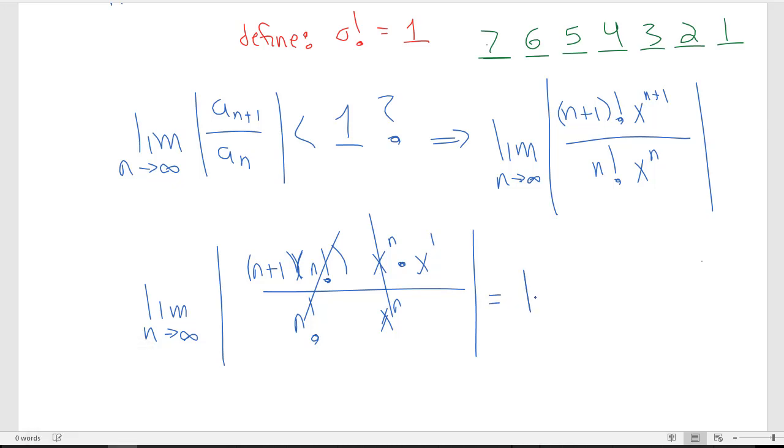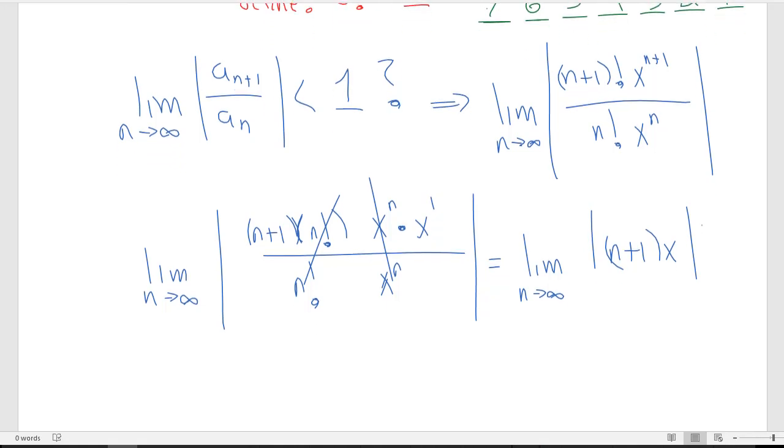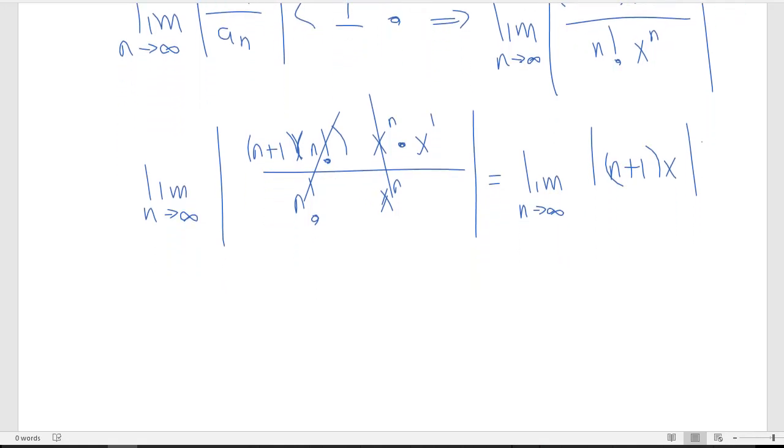So I really have the limit as n goes to infinity of the absolute value of n plus 1 times x. Now, remember what we've said a couple times is the x doesn't have any n's attached to it, right? So in other words, the limit of f times g is the limit of f times the limit of g, but the limit of x as n goes to infinity is just x.